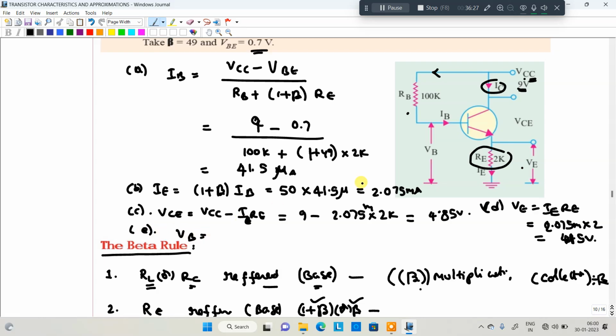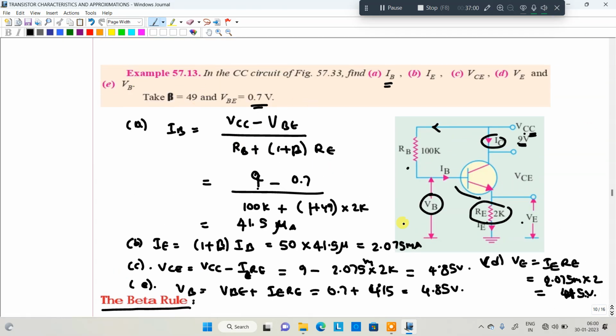VB is equal to VBE plus IERE. VBE is the base to emitter voltage, 0.7 for silicon and 0.3 for germanium, and here 0.7 is given. The IERE value is 4.15, which we just got here. From that, 4.85 volts. This is the problem related to the common collector configuration.